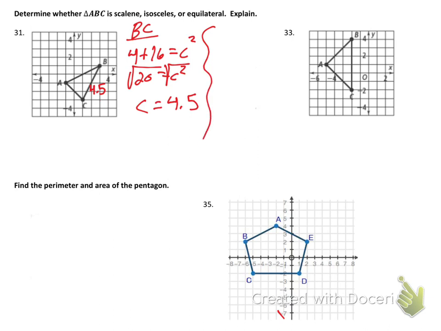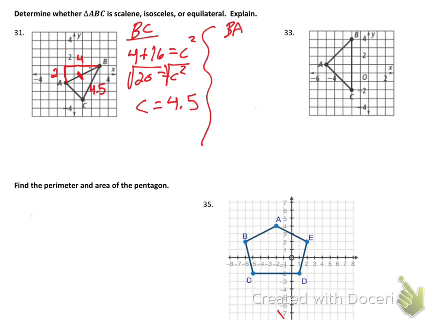Now what I'm gonna do next is, from A to B, I'm gonna draw that same right triangle. This is 2, and this is 1, 2, 3, 4. And I'm looking for C, which is this one, BA. So BA is the same thing, actually.